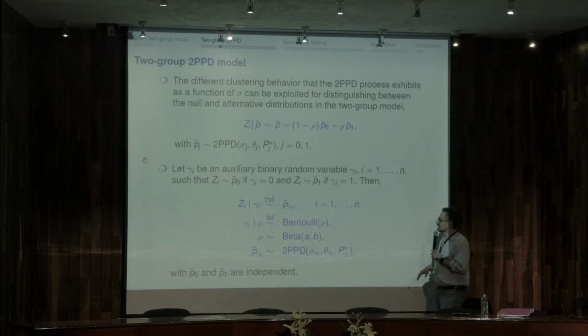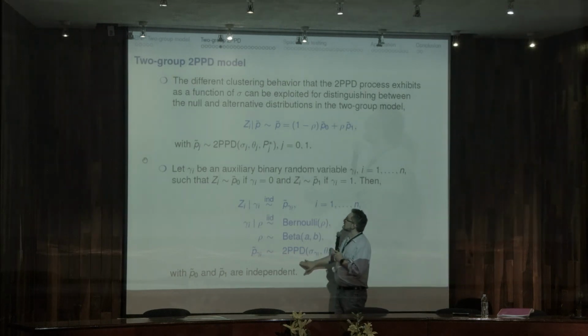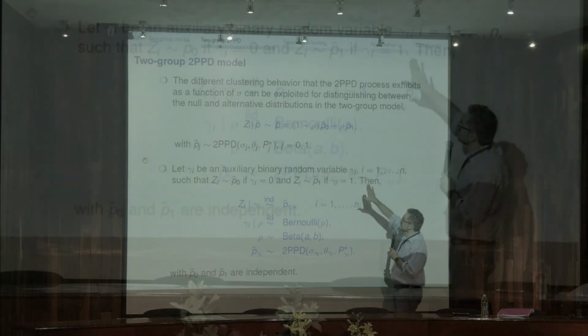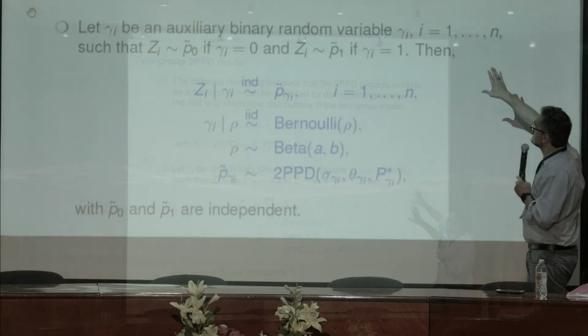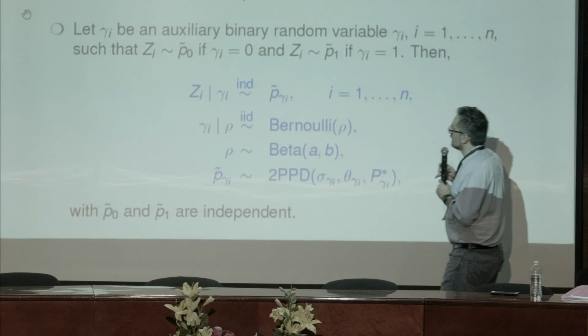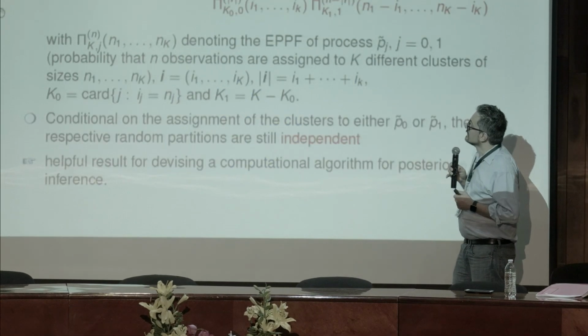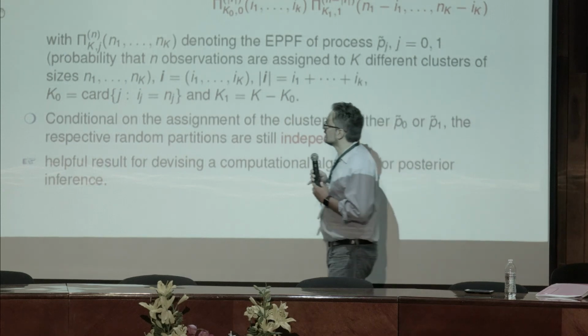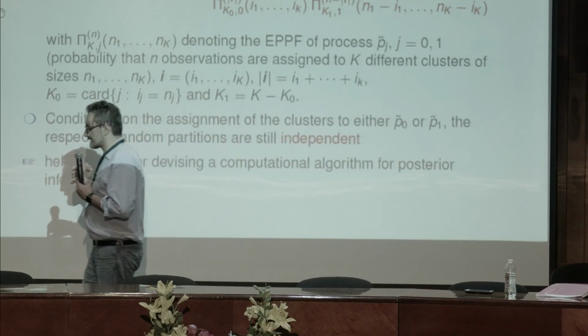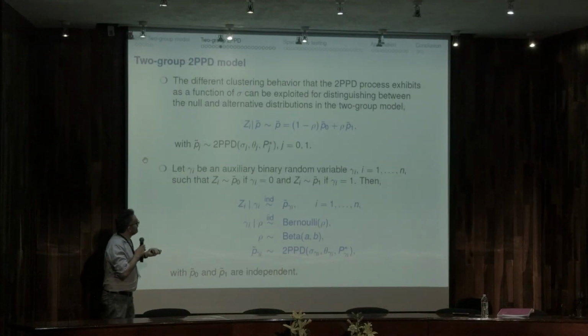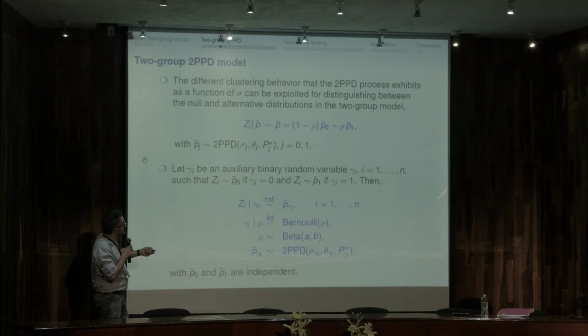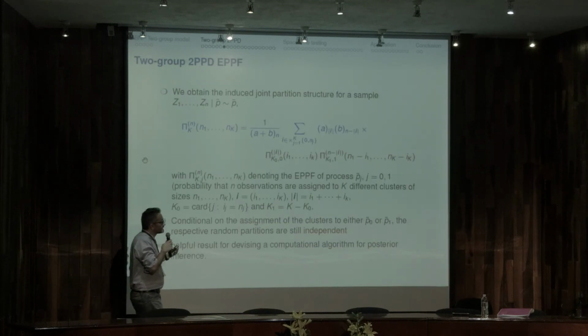So we are going to have a two-parameter Poisson-Dirichlet model, either characterizing a P0 tilde or a P1 tilde. Now, the parameters of these processes have to be chosen carefully, but the partitions that we can create for this model are actually quite simple.